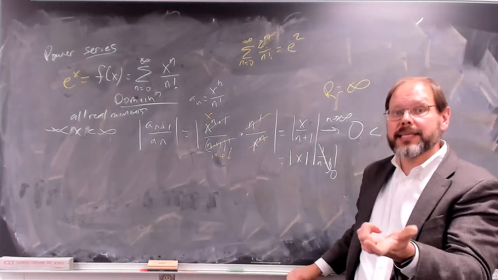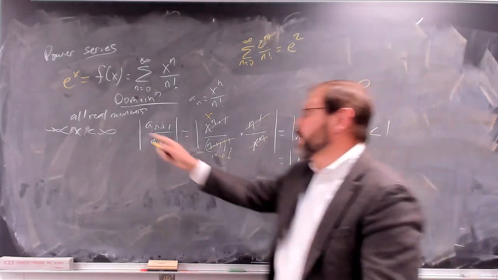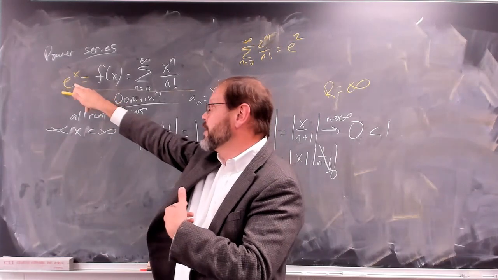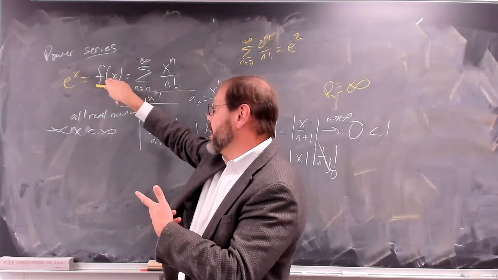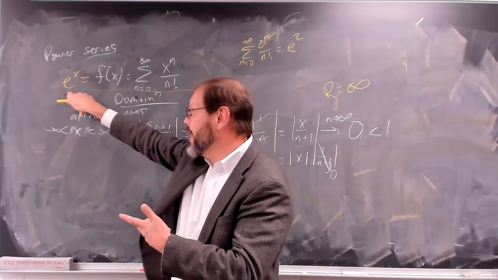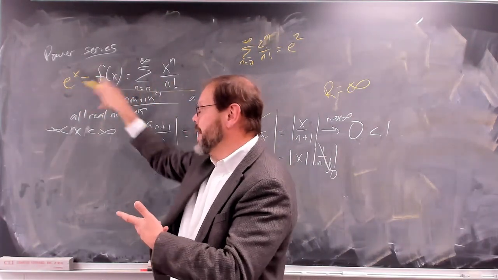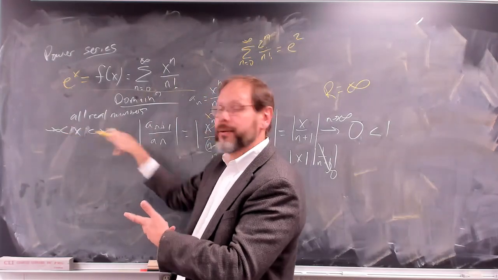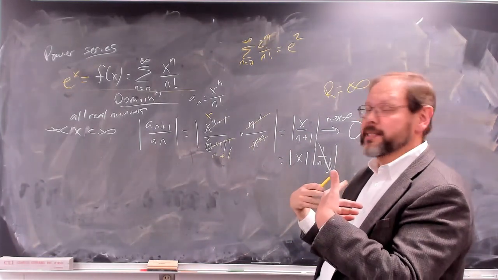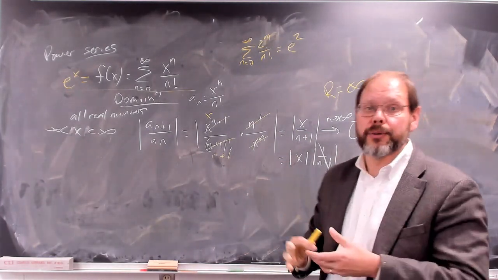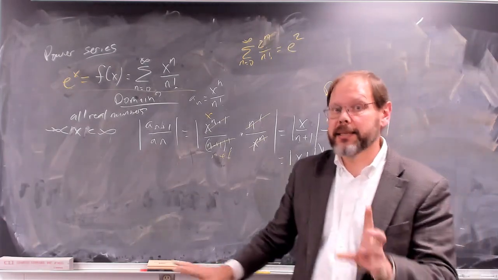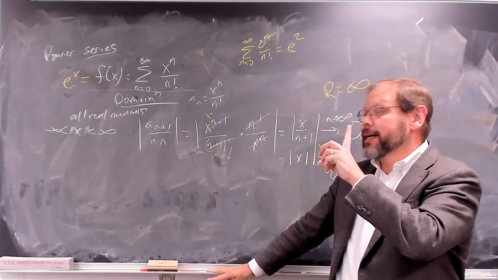Because in the not too distant future, probably next Wednesday, maybe Thursday, maybe next Friday, a week from now, we will show that, in fact, this function, which I can define this way, I can also define in that way, and they're the same value. They're the same value for all possible x values. And it just gives me another way to think about that. So if it's true for all x values, it's definitely true when x is equal to 2. Okay, there you go. So that is the ratio test.